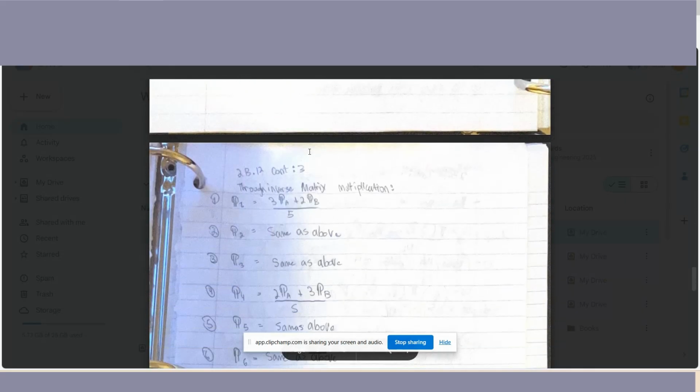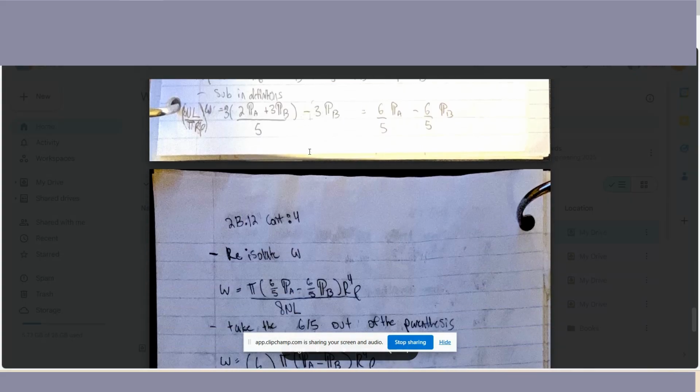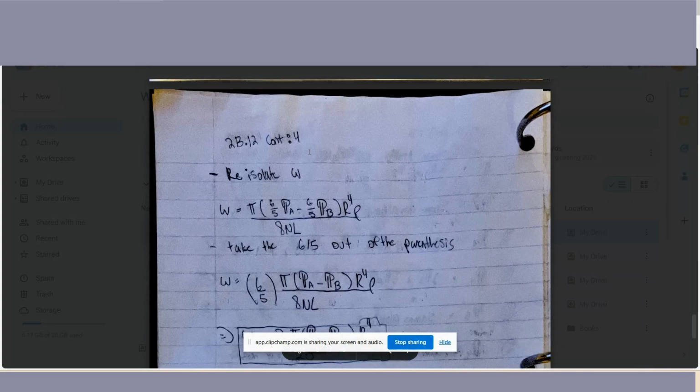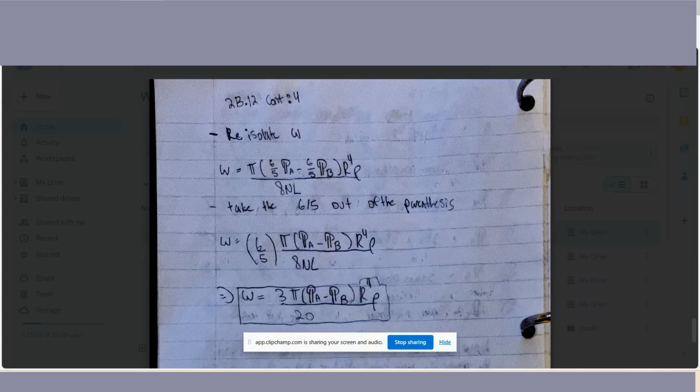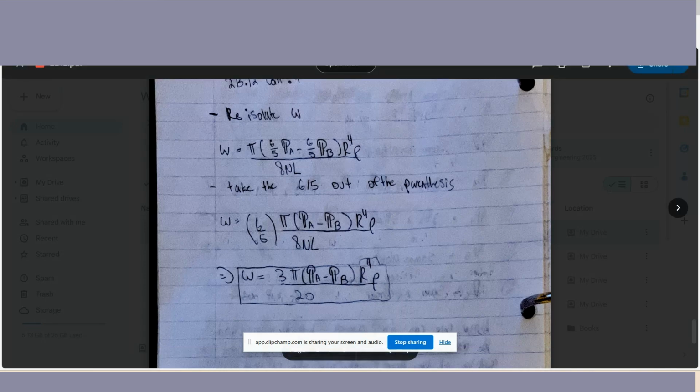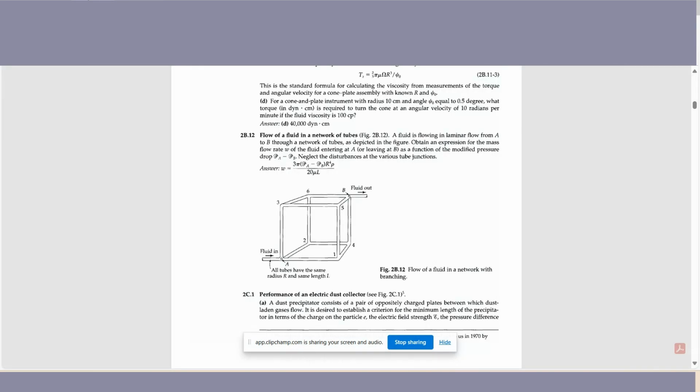So going back down, just take the 6/5 out of the parentheses in here, and 6/5 divided by 8 equals 3 divided by 20, which is the answer to the problem.